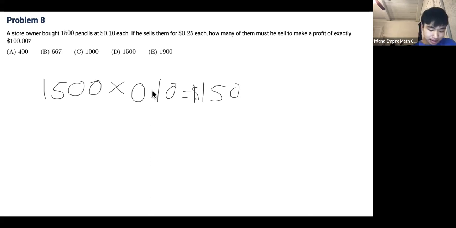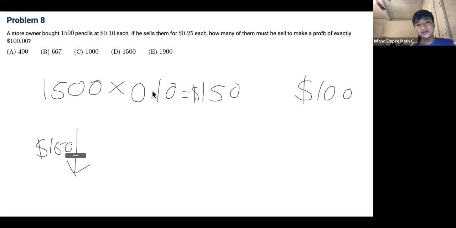And he needs to make $100 in total profit. So right now he's already down by negative 150. He's already spent $150. So he needs to get not only this back, but also the additional $100 that he needs to make.